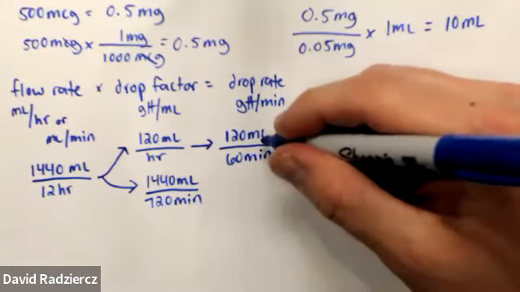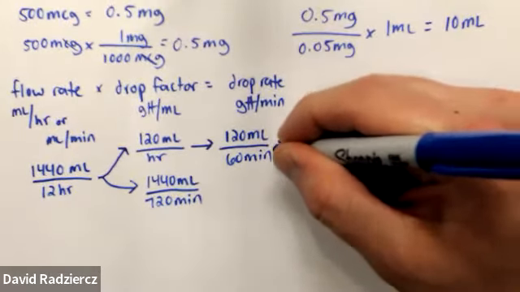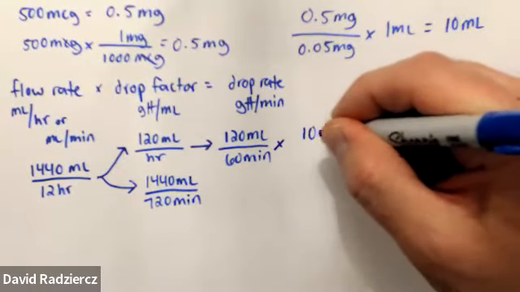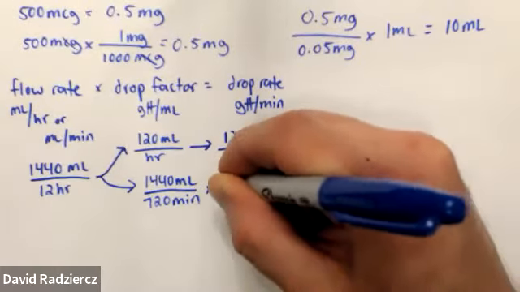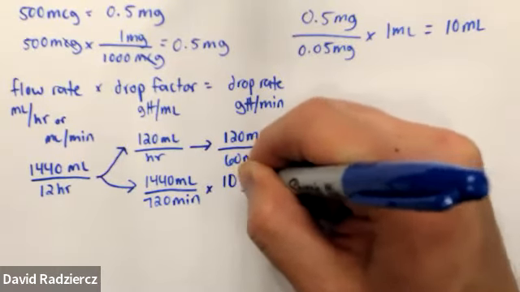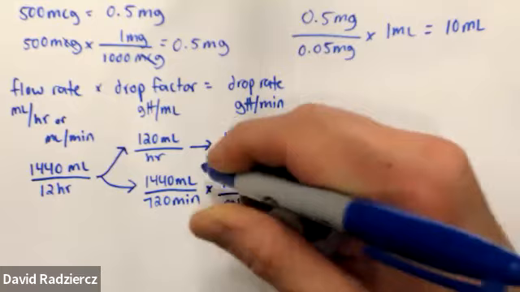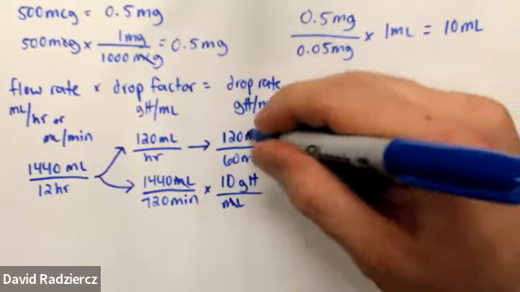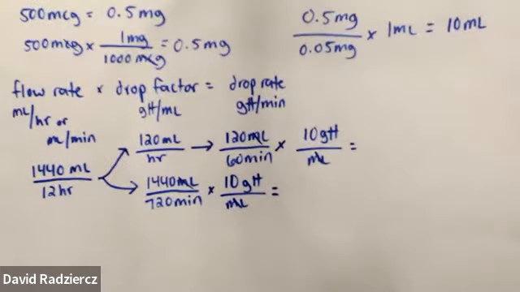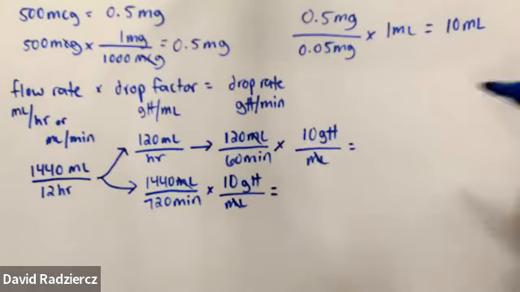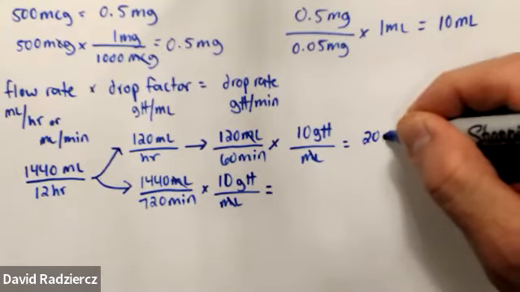Once I'm in milliliters per minute, now I can just multiply by my drop factor, which is 10. I'm showing you both ways just so you can see what's happening here. And then I just plug it in. So 120 over 60 is 2, times 10 is 20 drops per minute.